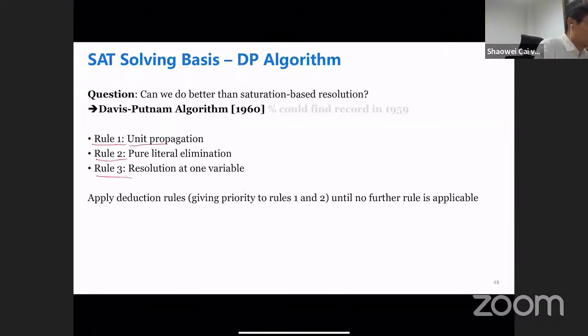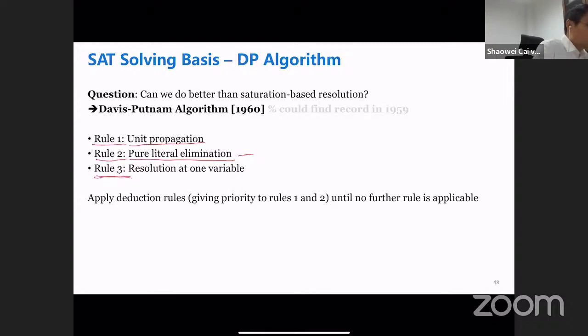The first one is unit propagation, and the second one is pure literal elimination. This rule says that if a variable appears only positively in all the clauses, then it must be assigned true. Similarly, if the variable appears only negatively in the clauses, then it must be assigned false.